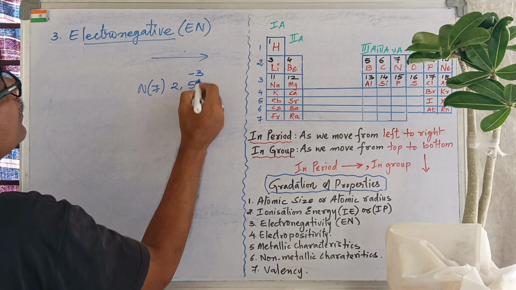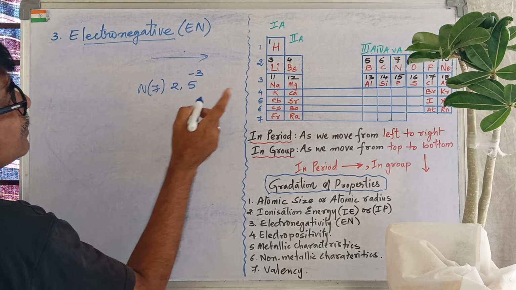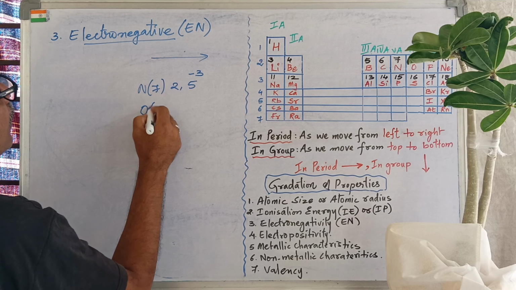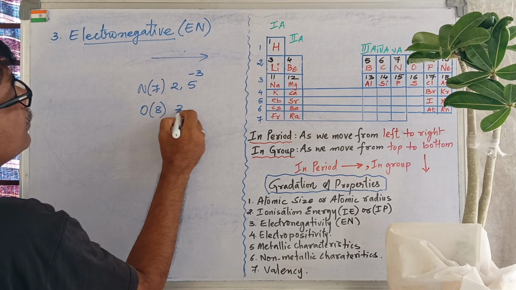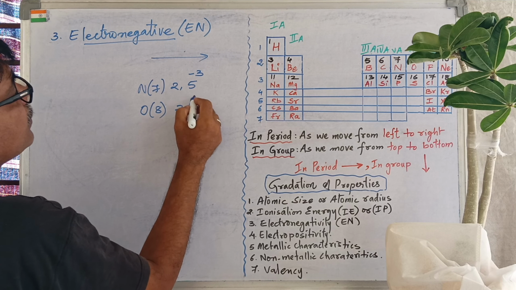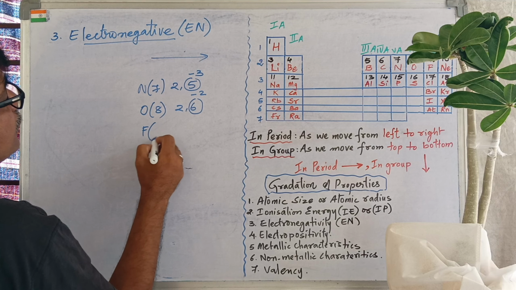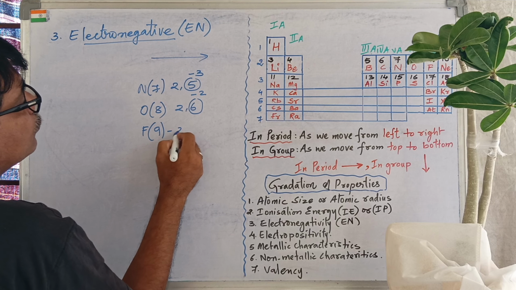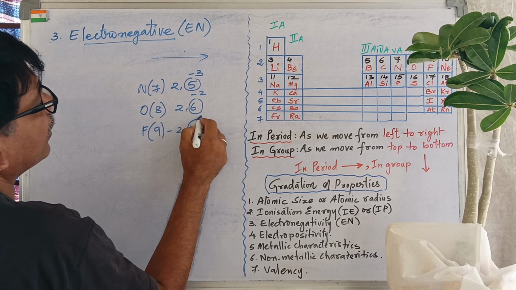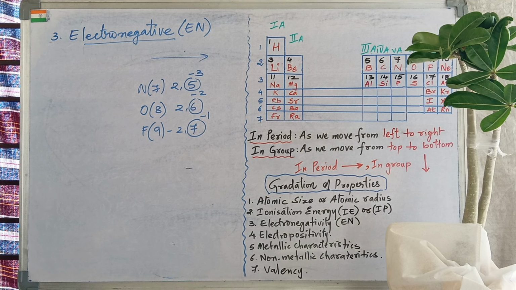How many does it require to become 8? 3. In the same manner, oxygen's number is 8, so it is 2, 6. It requires how many? 2, right? Now fluorine, its atomic number is 9. That is 2, 7. How many does it require? 1.